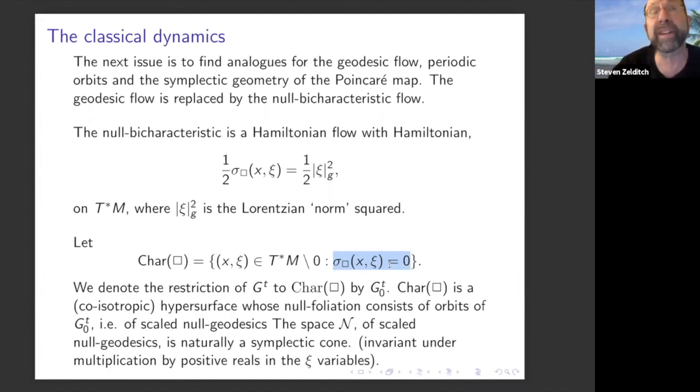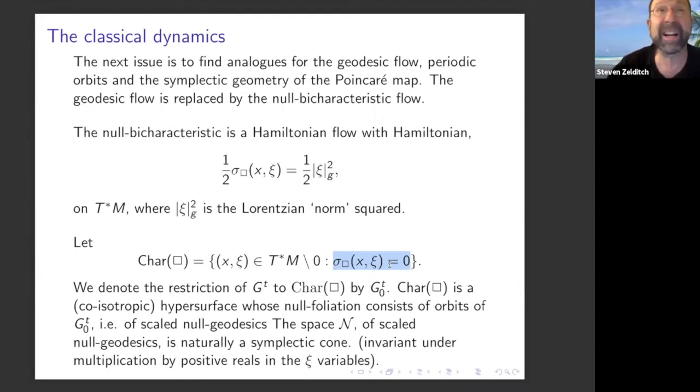So we need to divide out by the bad direction, which is the flow lines of the null geodesic flow. We take the quotient space of the characteristic variety by the Hamiltonian flow, and we get the space of null geodesics. It is a quotient space. I write it as calligraphic N. That is the space of null geodesics, and that's a symplectic manifold.